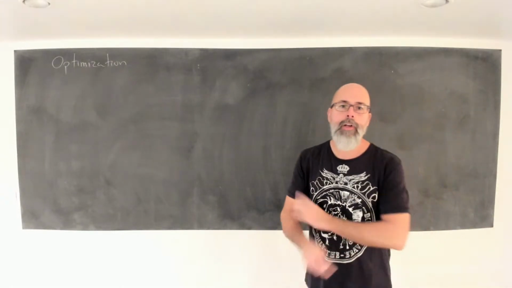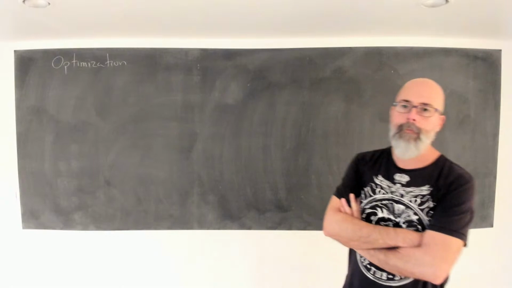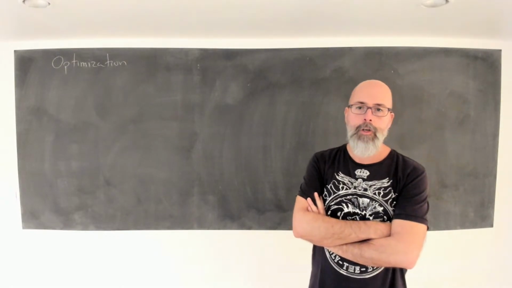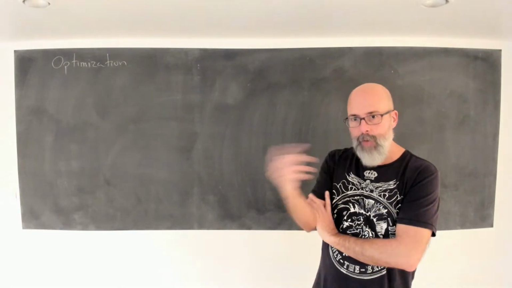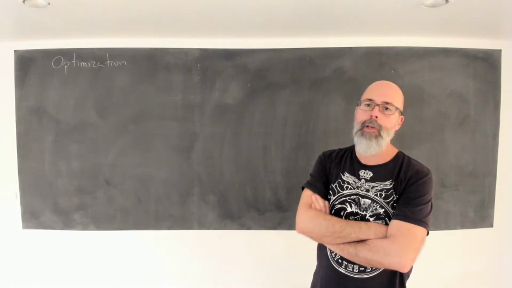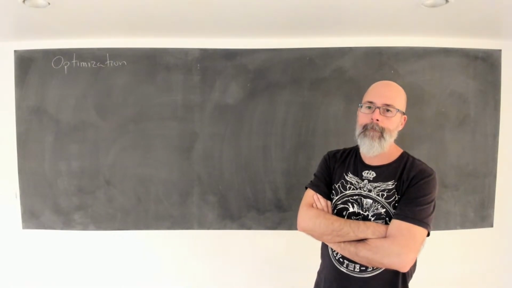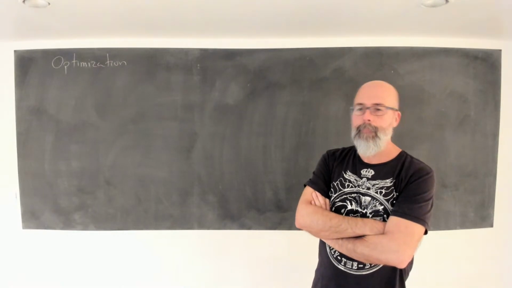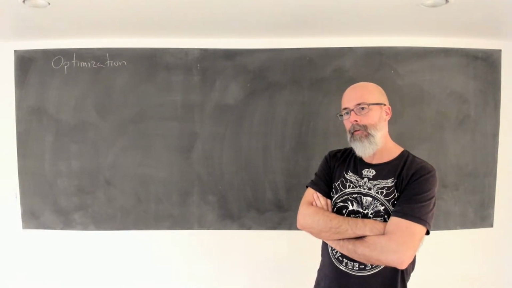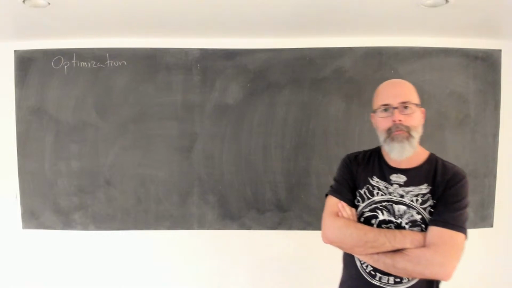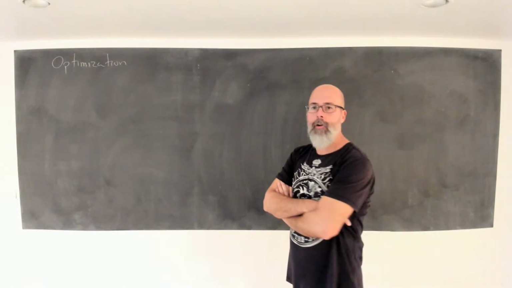You need to prove it using the definition. So you need to show that the limit of f minus mx plus b is equal to 0. Questions? Shall we get started then?